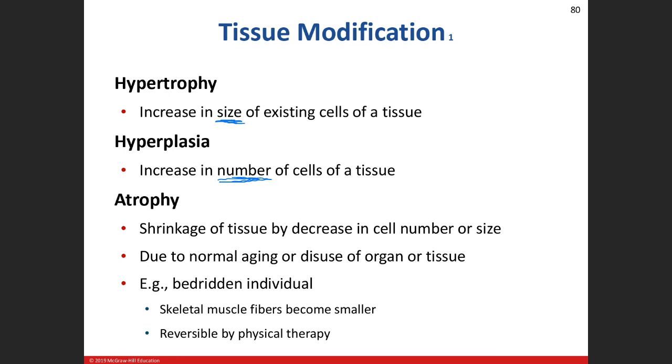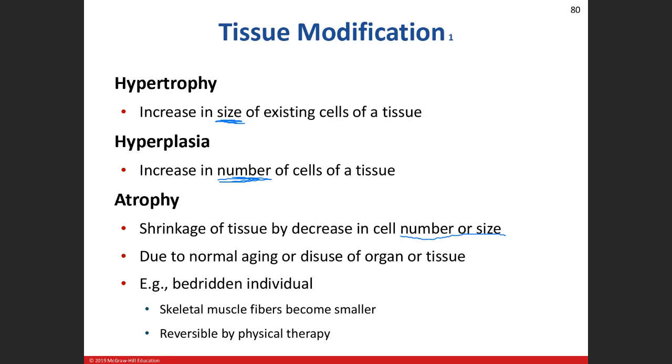Somebody that broke their leg, or if you've been bedridden for a while, you'll start to lose tissue mass depending on what we're discussing here. So tissue atrophy is when you get a decrease or a shrinkage of the cell number or the size. We usually use the one term when we're discussing a decrease in cell number or size.